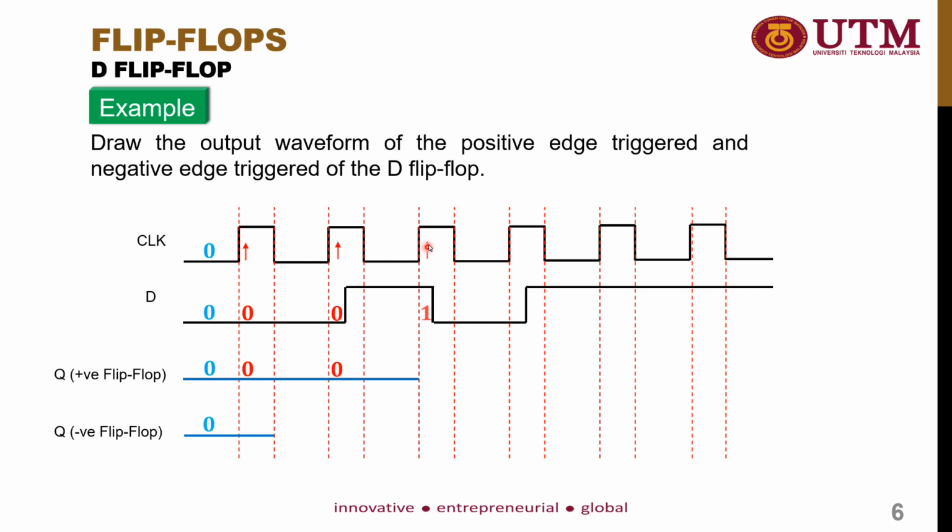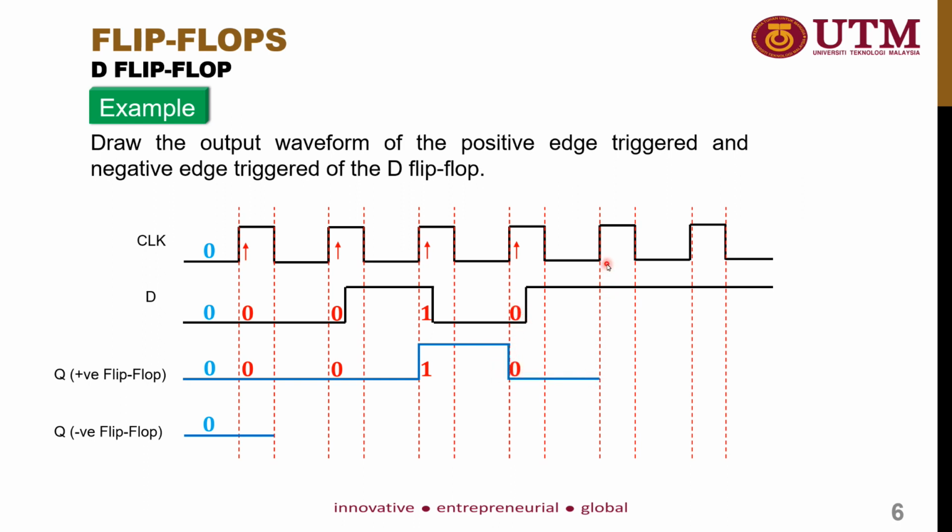At the next rising edge, you see that the input D is equal to 1. So the output Q will follow the input D, and it will become 1 until it arrives at the next rising edge. And then you see here that the input D is equal to 0, so the output Q will follow the input D and become 0.